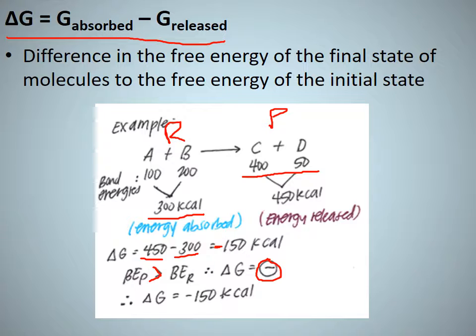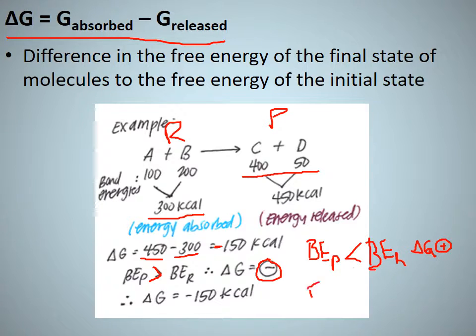If the bond energy, okay, if the bond energy in the products was less than the bond energy of the reactants, okay, delta G would be positive. Okay, and this would describe an endergonic reaction.